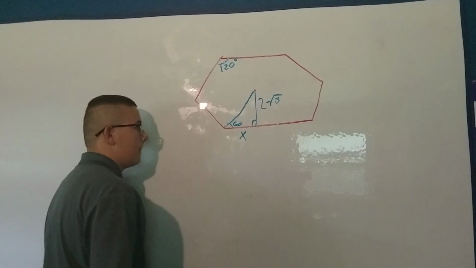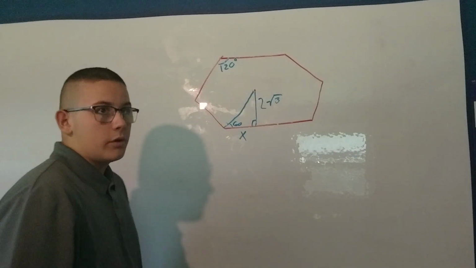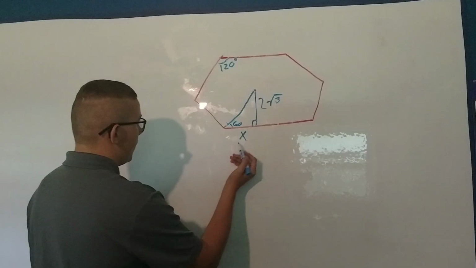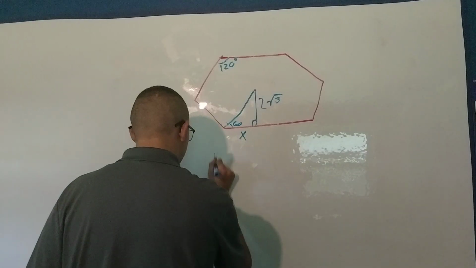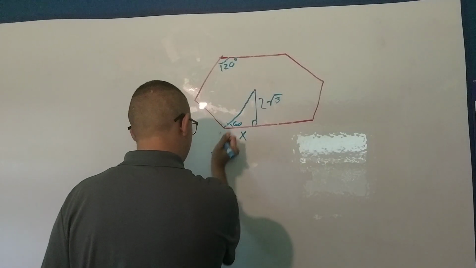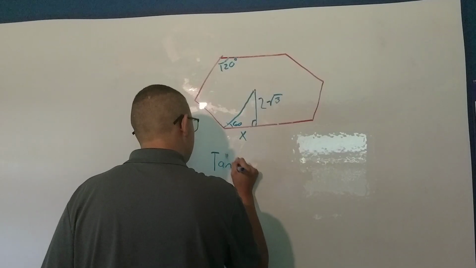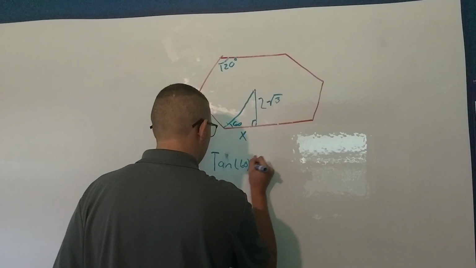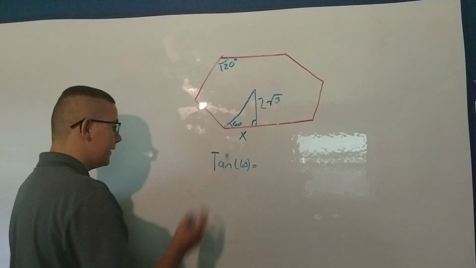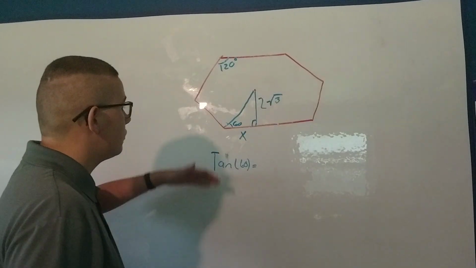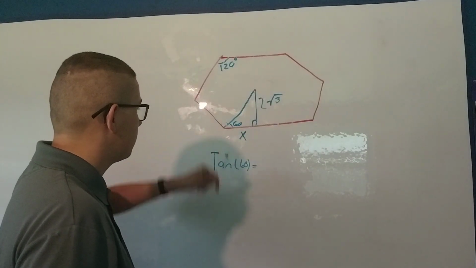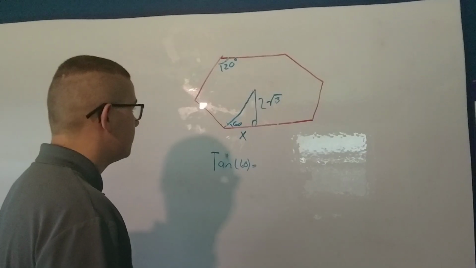Call it x. And now again, we want to use the tangent because we have the opposite and the adjacent. So we take the tangent of 60 is our theta is equal to the adjacent over the opposite. Or I apologize, it's the opposite over the adjacent.